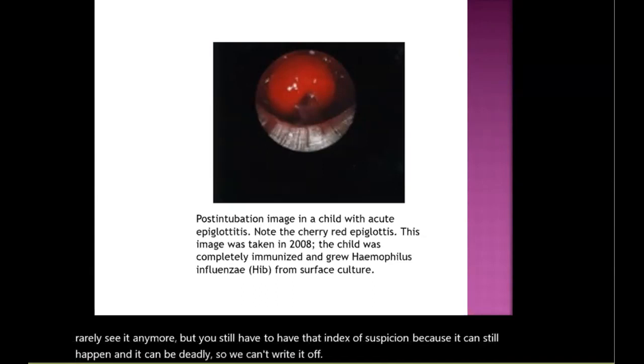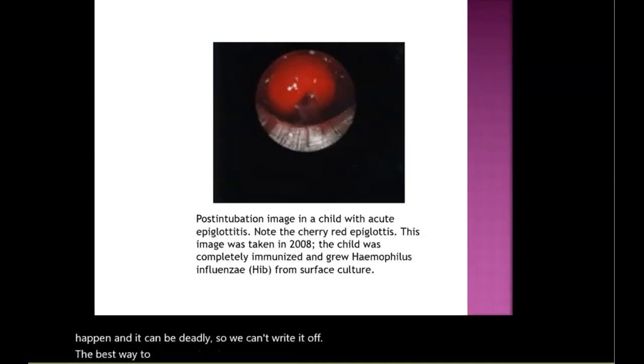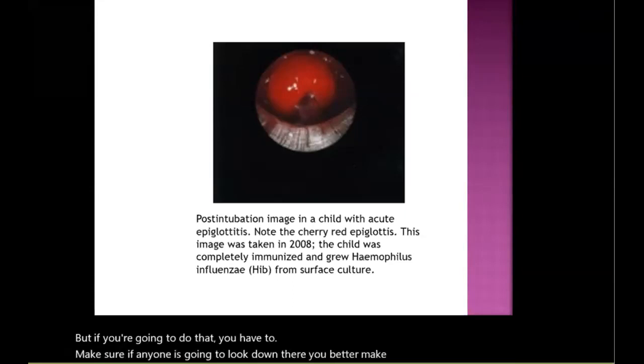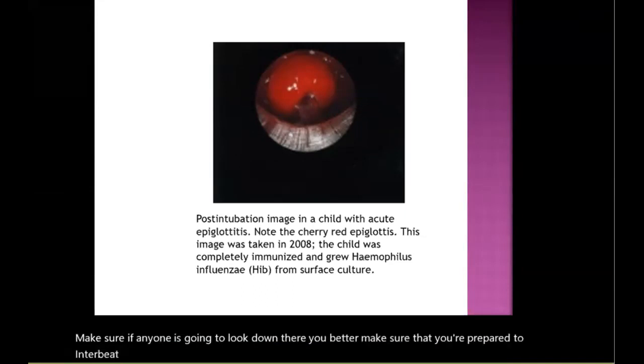The best way to diagnose epiglottitis versus croup is by visualization, such as in this camera view here. But if anyone's going to look down there, you better make sure that you're prepared to intubate or put in a trach.